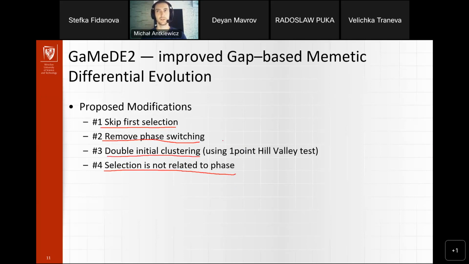So the archive after the random initialization is not fully saturated. It has random points in the archive. So using hill-valley clustering based on this random initialization doesn't give good results. It's sometimes misleading. And we do it double times just to filter out all the noise.